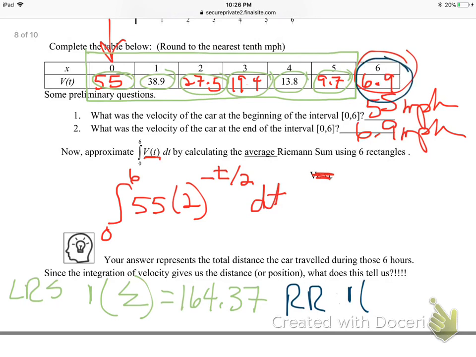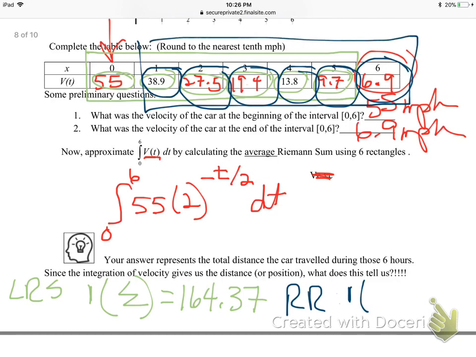Here's my 6.9, 9.7, 13.8, 19.4, 27.5, 38.9. Don't do the last one. Okay, there are our numbers. So I'm going to say 1, and we'll call that the sum of all those y's I just circled. 1 times that, because 1's the base, and I'm getting an answer for a right Riemann sum of 116.18.